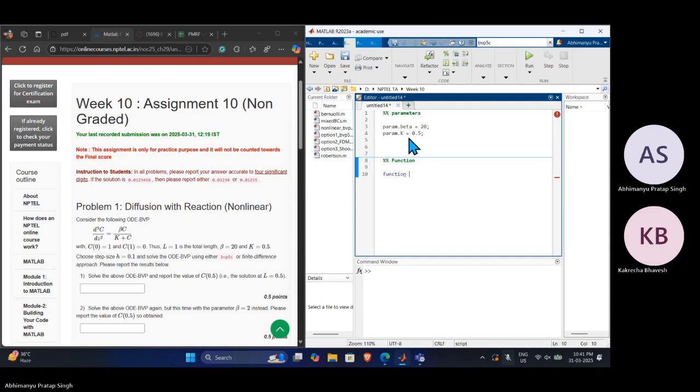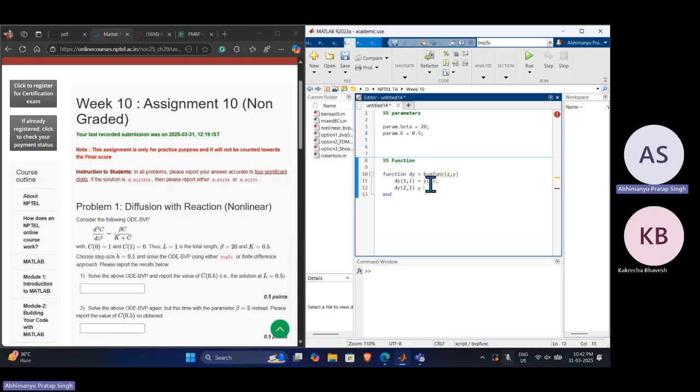So function, I will name this ODE function just for clarity, because you can name it anything, and this as C. So the first one would be, let us just make that Y only, because then DC is a little bit confusing. dy1 comma 1, then dy2 comma 1.